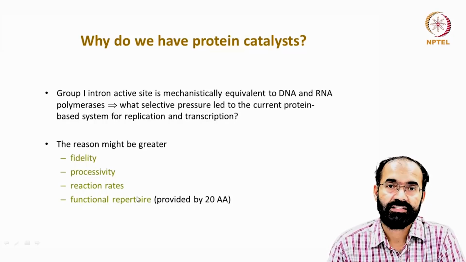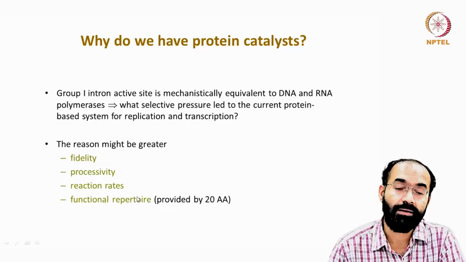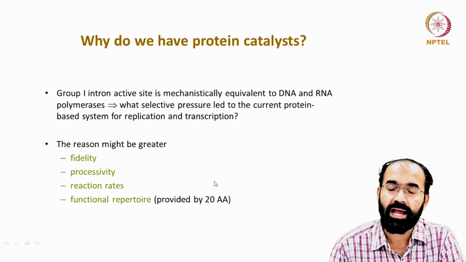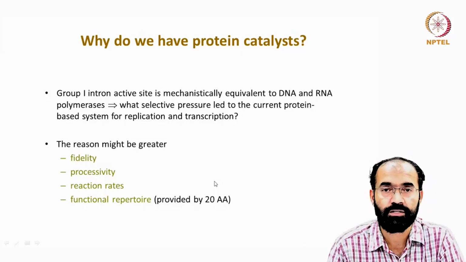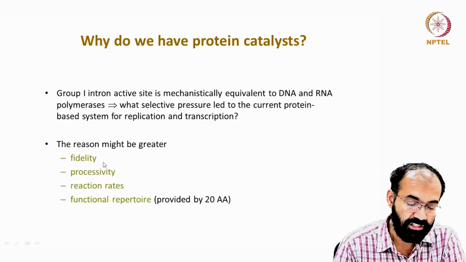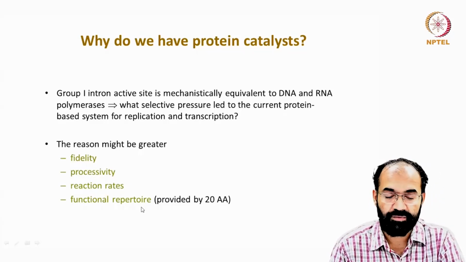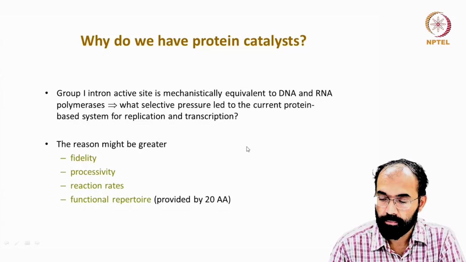RNA has only 4 bases, A, C, U and G, whereas proteins have 20 amino acids. When you say basic amino acid, it is not of a constant basicity; it can be less basic, more basic, or extremely basic. Likewise, acidic ones are not fixed either. This varies quite a lot, and this allows fidelity, processivity, reaction rate and functional repertoire. That could be one of the reasons why the RNA world slowly switched into the protein world.